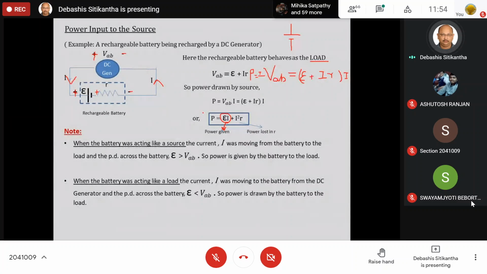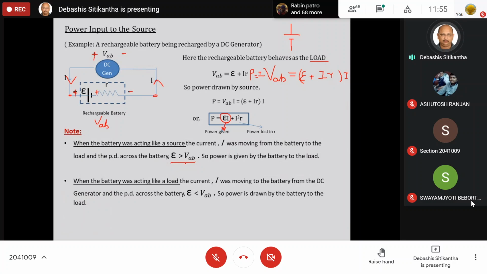And the most important thing is that the EMF actually generated by the EMF source will be greater than the potential difference across the terminals of the EMF source. Please note these two points. Whatever EMF is generated is always greater than the potential difference present across the terminals of the battery, that is VAB. So your E is greater than VAB.